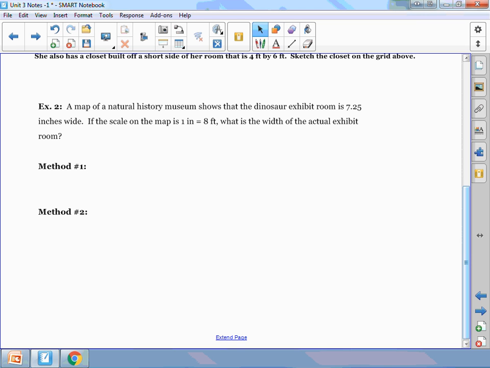The scale that they drew the map on is 1 inch to 8 feet, meaning for every inch on the drawing, it's equivalent to 8 feet of the actual building. I want you to figure out the width of the actual exhibit room. Just do it whatever way you like. You guys can figure this out. There are a couple ways to do it. I just want to see how you did it.